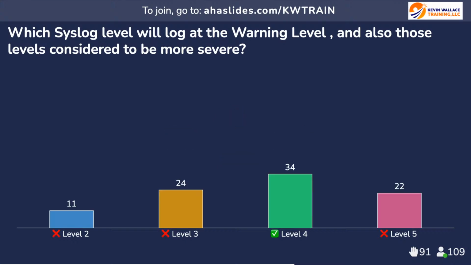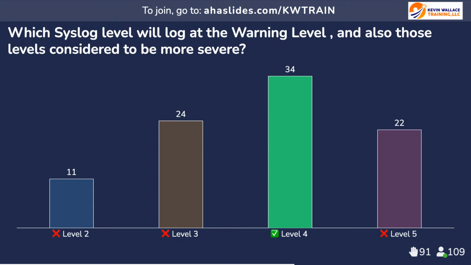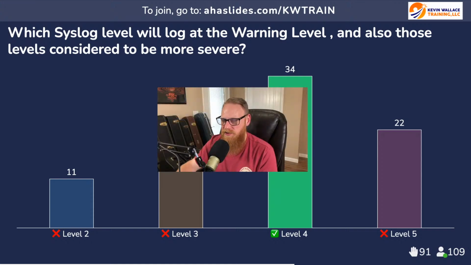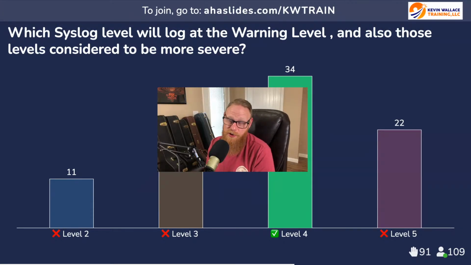And time is up. And we have level 4 as our correct answer. So syslog levels are going to range from level 0 through 7. I always found that maybe a little bit counterintuitive because level 0 is the most severe level, maybe not the way that you would typically think about that. While level 7 is a debugging level. It's the least severe level.